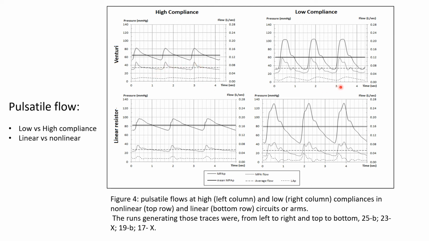And so when you use low compliance, then you elicit that high upper and low lower, but remembering that you have a high flow in systole and low flow in diastole here.